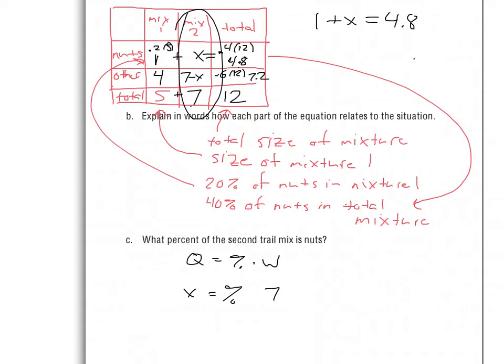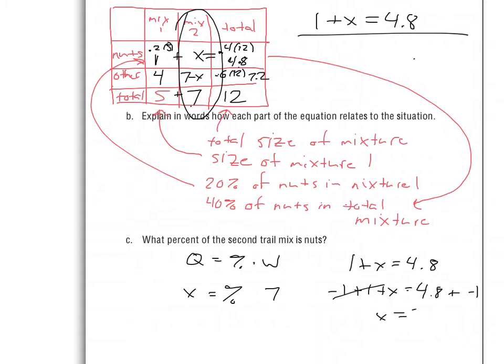So we have to find x first. So we're going to use this equation up here: 1 plus x is equal to 4.8. I actually add a -1 to both sides, and I get x is equal to 3.8.